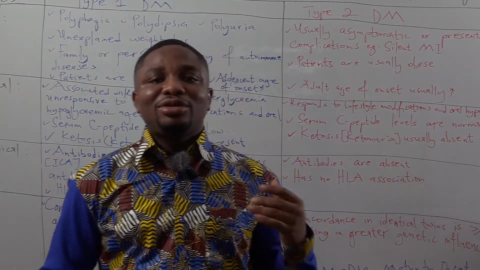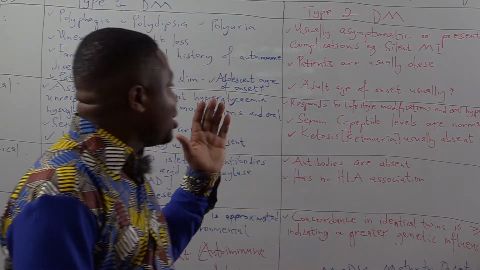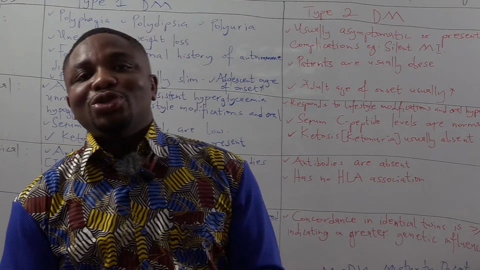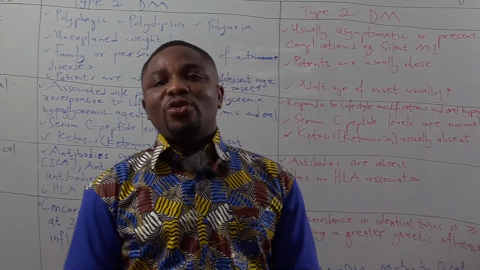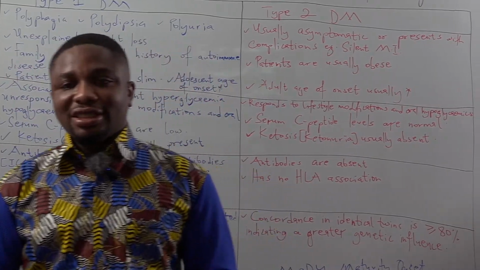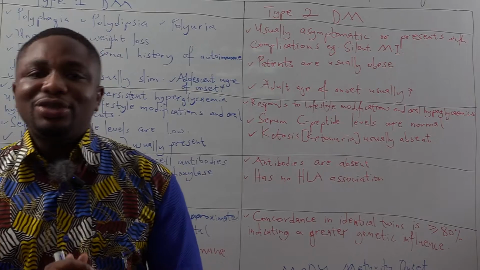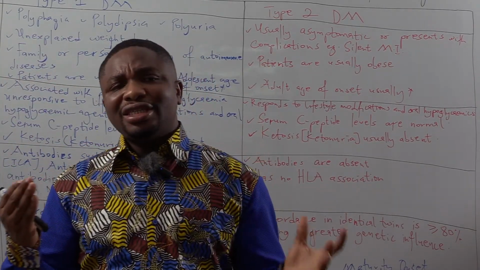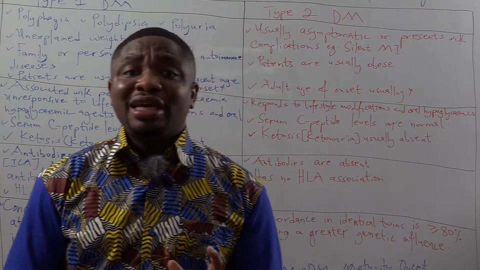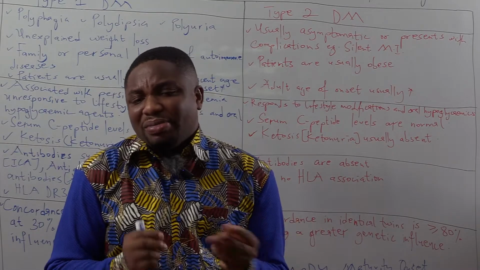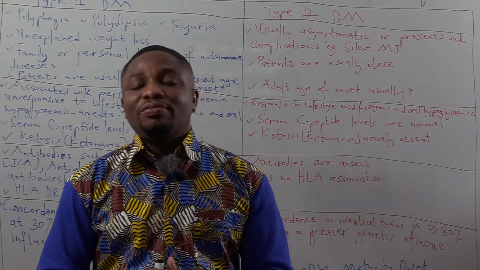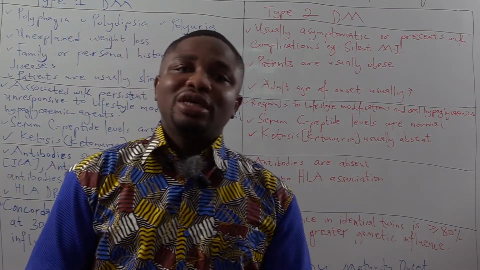Now let's look at the biochemical features of type 2 diabetes mellitus. For type 2 diabetes mellitus, they will respond in a way to lifestyle modifications such as diet, weight loss, exercise, and also to oral hypoglycemic agents. Then again, because it does not have to do with the destruction of beta cells, the serum C-peptide levels, that is serum connecting peptide levels, are usually normal or maybe slightly reduced, not as significant as compared to type 1 diabetes mellitus.